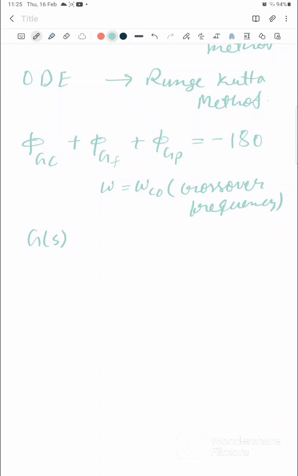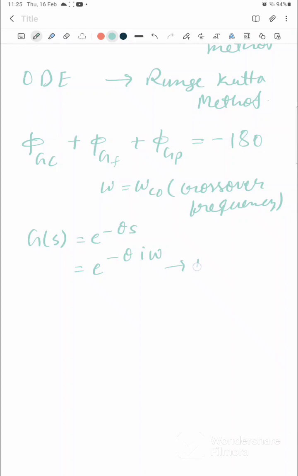We have a transfer function G(s) equal to e to the power minus theta s. s can be put as i omega, so minus theta i omega.